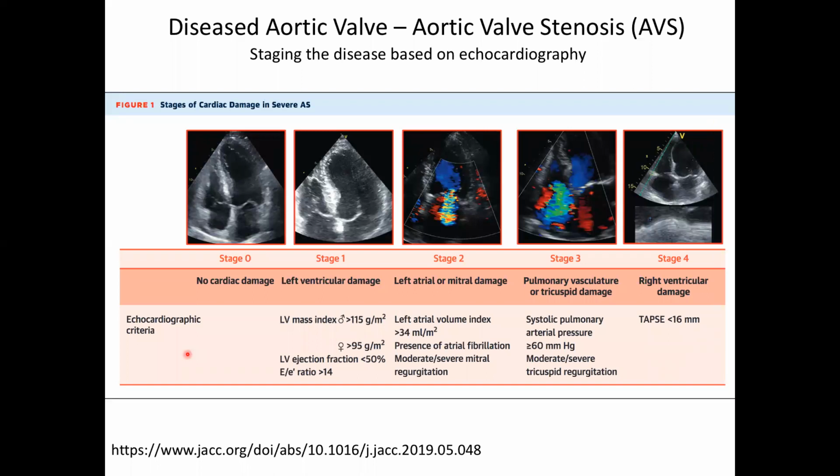And so here is a set of patients. Each one of these is a different patient. And with all of their experience, these echocardiographers came up with a way to stage patients, like put a number on the patient on how severe this disease is, based on the physiology that they get out of their echo machine, right?